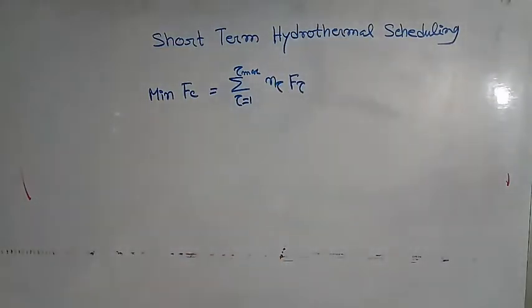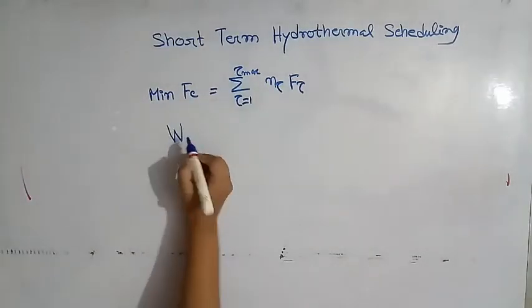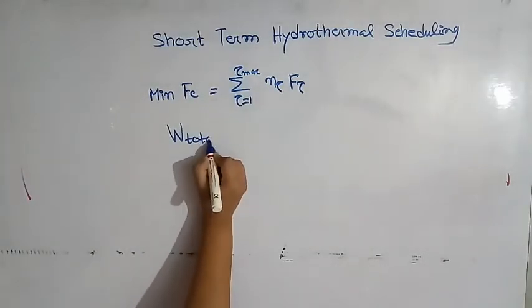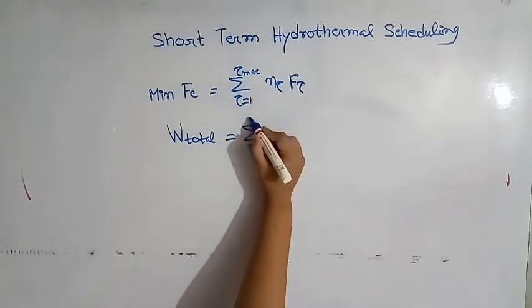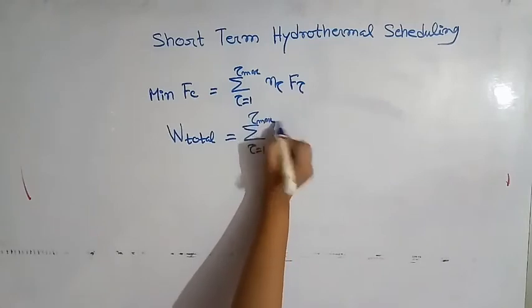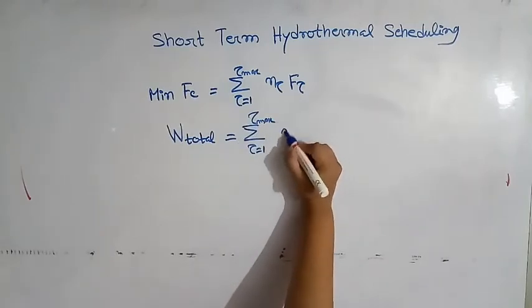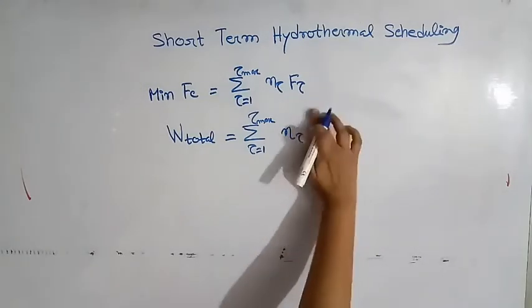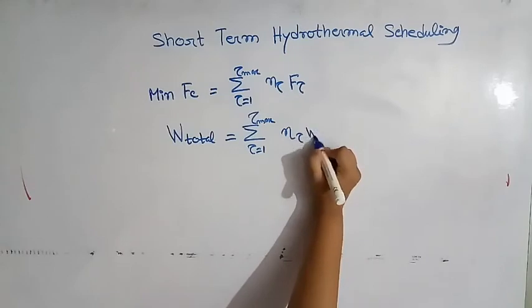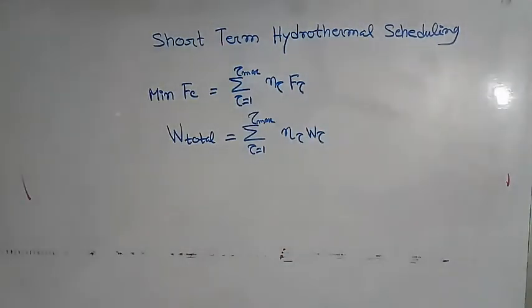Now, assuming the constraints with no spillage, the total water discharge W total is equal to summation tau 1 to tau max, n tau W tau. Now I draw the scheduling parameters in the block diagram of the hydro plant.